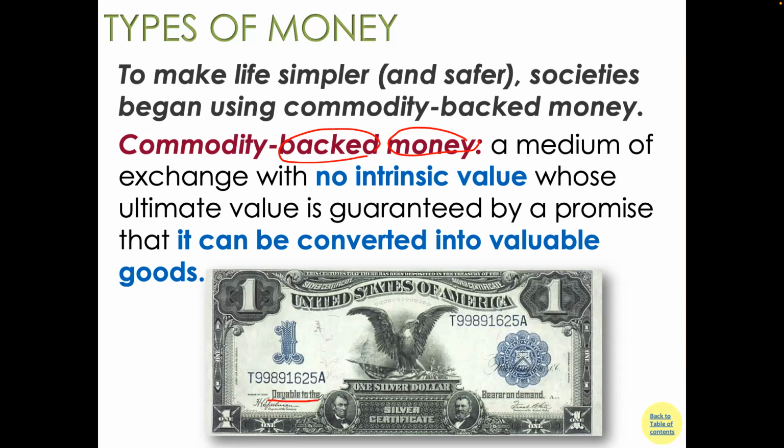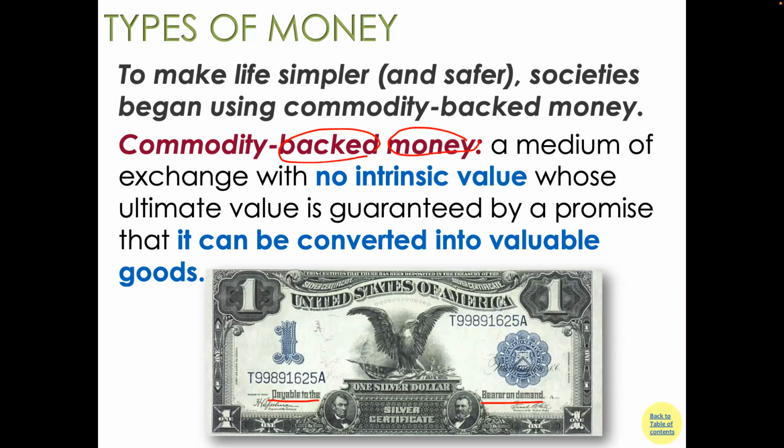This is payable to the bearer on demand. So basically it says, if you have this piece of paper, you go to any legal bank, and they are responsible to exchange it for a certain amount of silver.